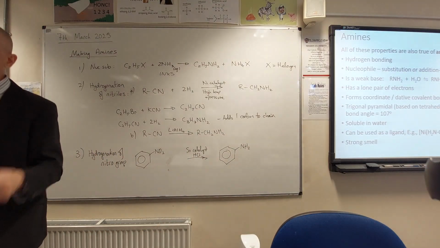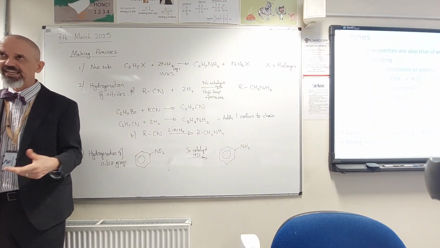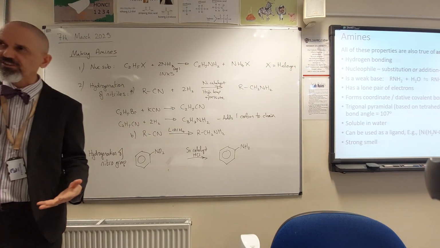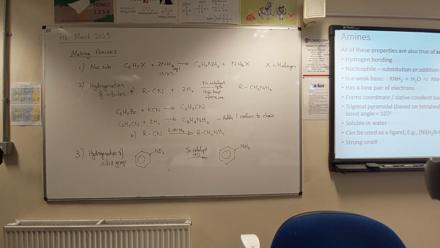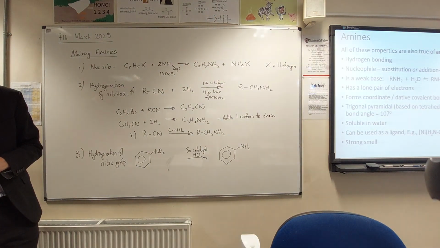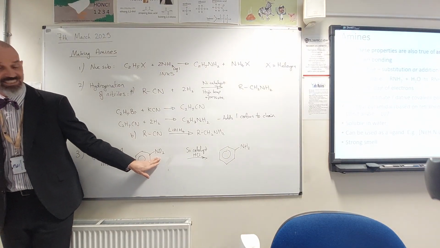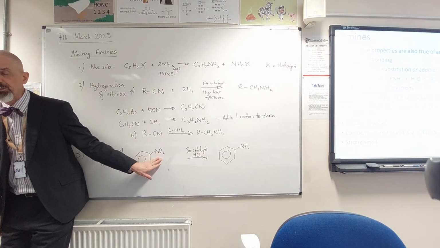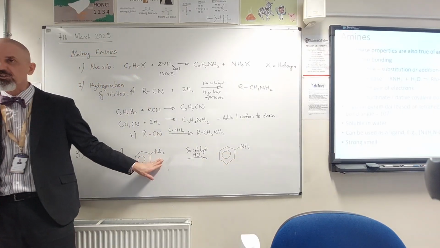So when it came to balancing oxidation reduction equations in organic chemistry, they didn't want to use electrons and stuff like that. So they came up with a workaround, which I've only ever seen in AQA. That's where we look at the total amount of hydrogen that's been added. So if I want to balance this equation, I've got NO2 there, and NH2 there, but of course the O's have got to go somewhere.